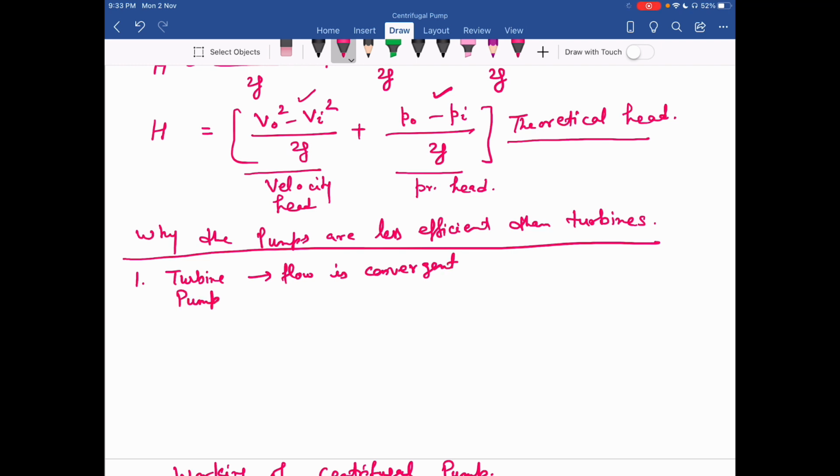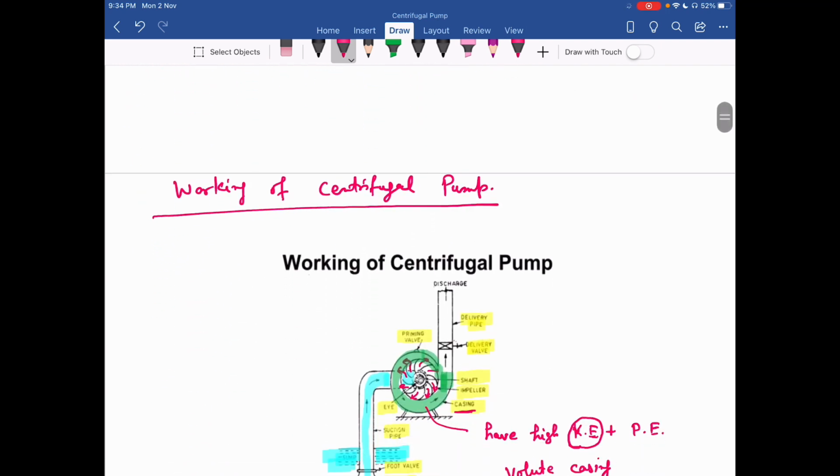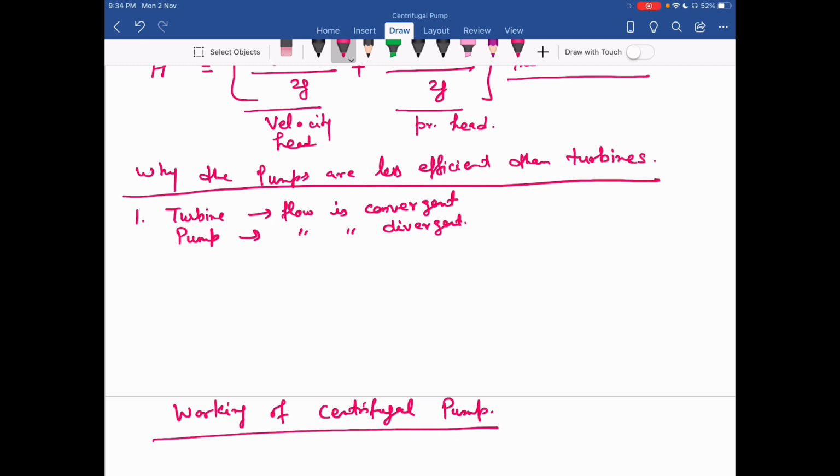However, in case of pump, the flow is divergent. Convergent means from higher cross sectional area to lower cross sectional area. In case of pump, you can see it is from the eye, which has a lower cross sectional area, to a large part of casing having larger cross sectional area. So you can say in case of turbine, the flow is convergent. However, in case of pump, the flow is divergent.